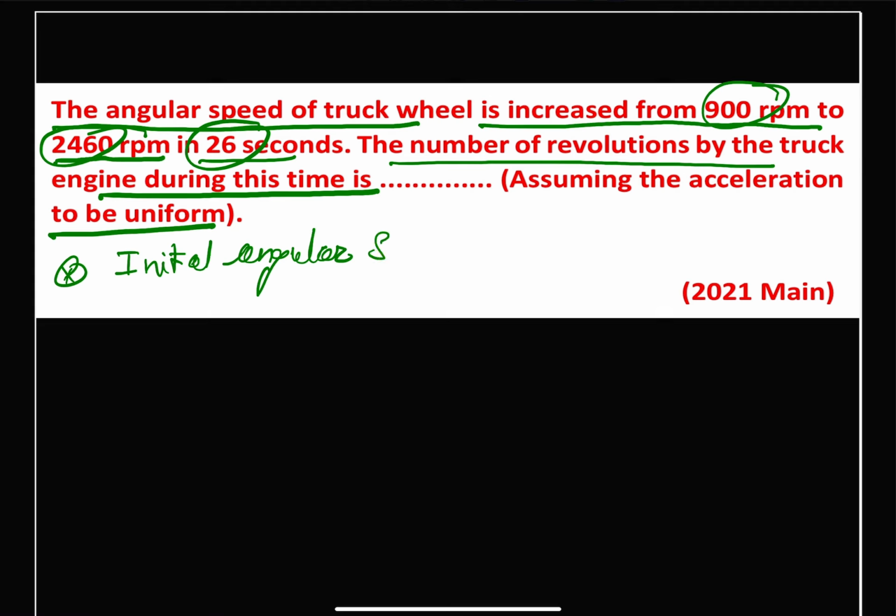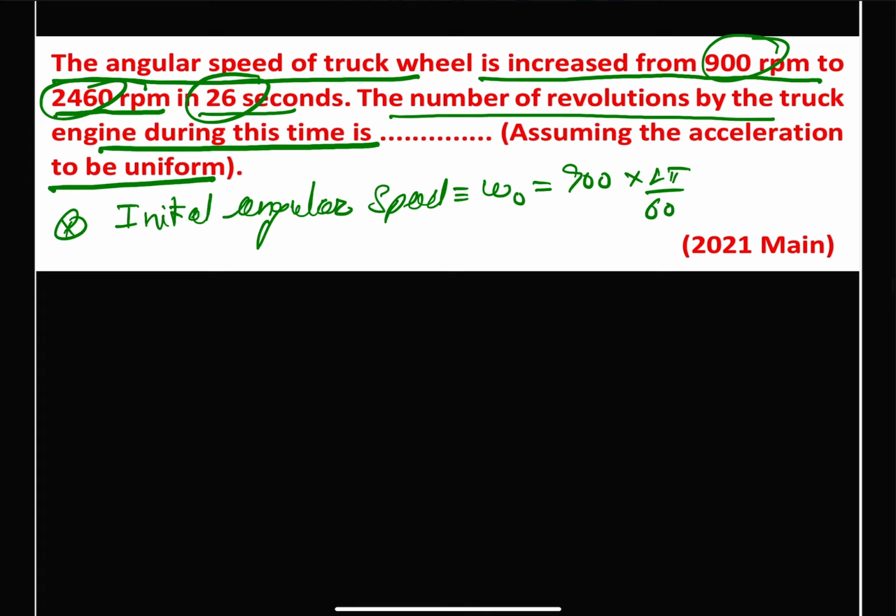Angular speed, let us call this omega naught, which is about 900 rpm, and we can write this as 900 × 2π/60 radian per second.